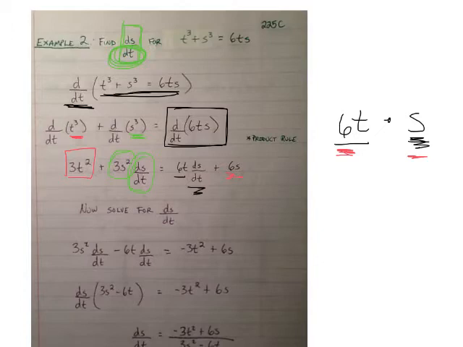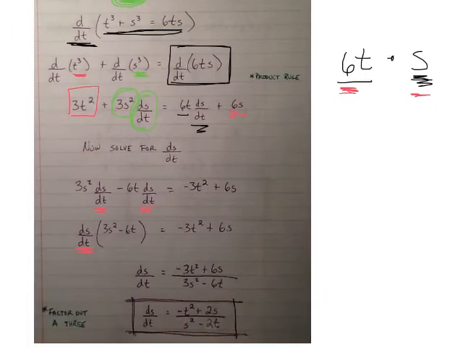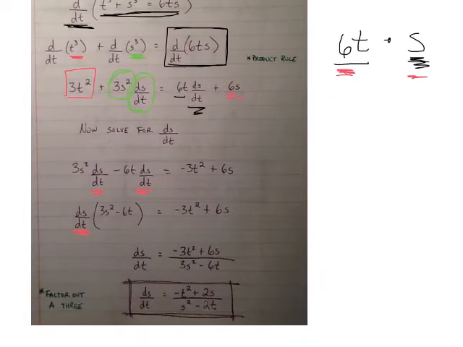What that allows us to do is factor the ds/dt out of the left-hand side of the equation and arrive at something that we can divide. So in the final step we're able to divide out the 3s squared minus 6t from both sides, and we get our final answer for ds/dt.